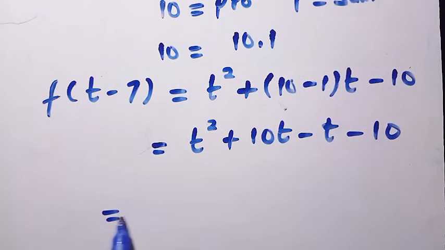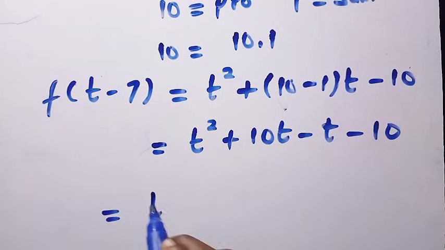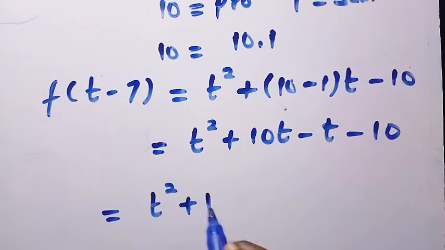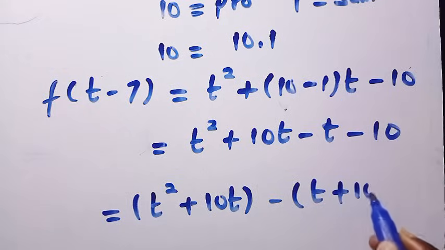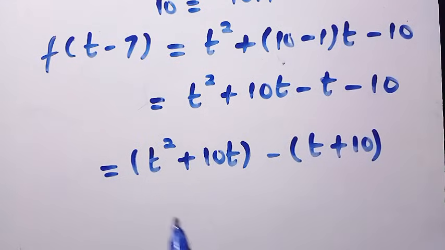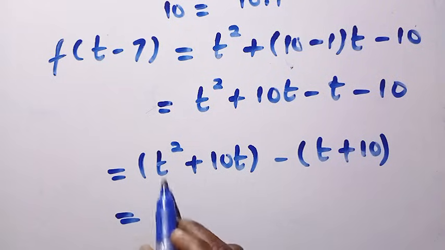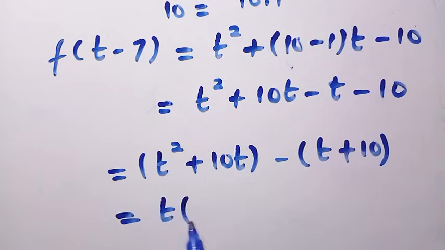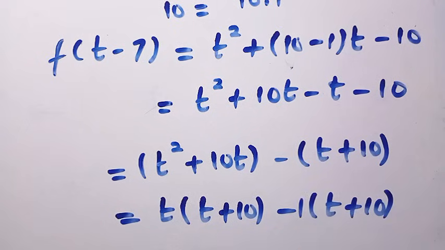After having this, we have to group t squared and 10t. So I group this, we have t squared plus 10t in bracket, then we take out minus from here, and we have t plus 10. So in the next step, t is common, so take out t, then in the bracket we have t plus 10 minus, also we have t plus 10, but here we have 1.